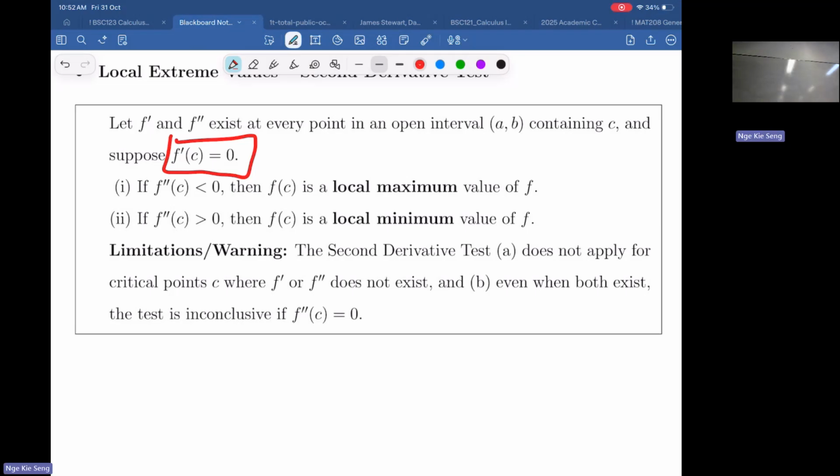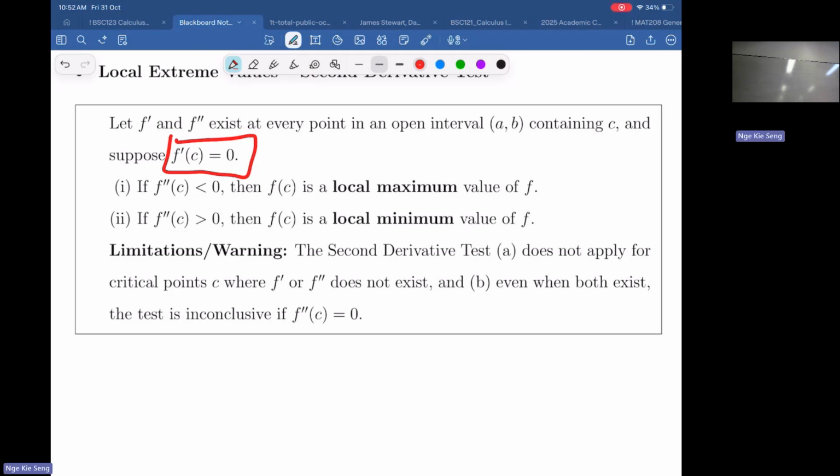So once you know your stationary point, you can find your second derivative. If it is negative, then f(c) is a local maximum value. But if f''(c) is positive, then f(c) is a local minimum value.